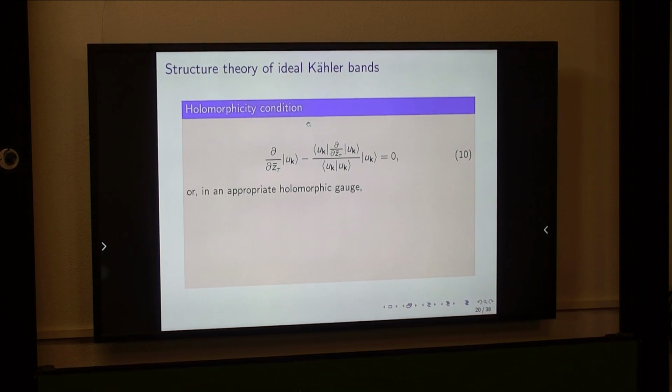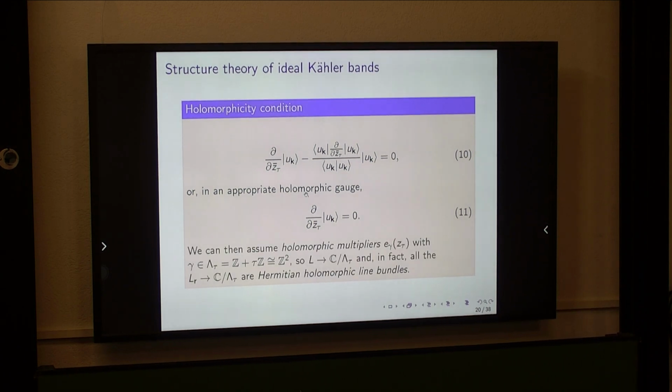But if you use a holomorphic gauge, then you can basically reduce to this simple equation. And we can then assume that the multipliers are holomorphic functions. And I will take gamma to denote elements of the reciprocal lattice, like this.